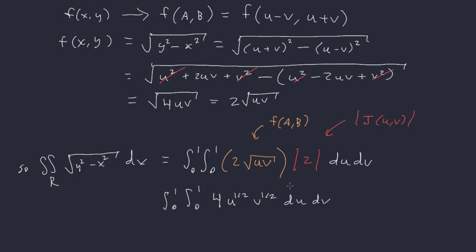And we can just start by taking the integral with respect to u, which for u to the 1/2, its integral is going to be 2/3 u to the 3/2, and then v to the 1/2, because remember the v isn't changing here, u going from 0 to 1.